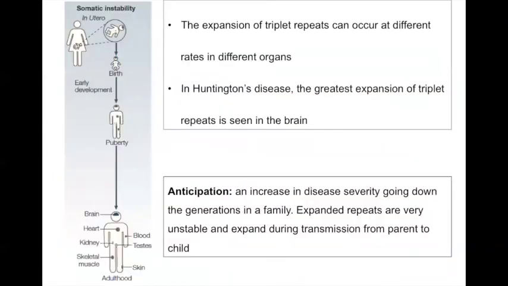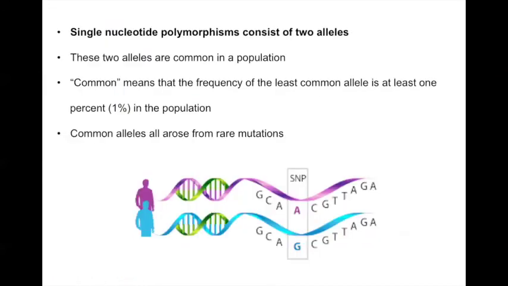And we've already talked about this, where the increasing number of repeats through the generations will lead to an expansion of the CAG trinucleotide and the onset of Huntington's disease, something we call genetic anticipation. So single nucleotide polymorphisms, unlike the complex tandem repeats, are just single base pair differences.